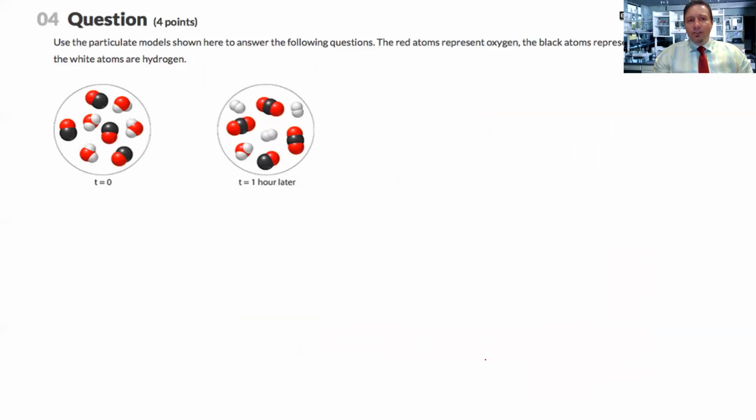Let's look at what this here says. So this is a particulate model, and it's just asking to explain what's happening from time 0 to 1 hour later. So let's determine what we have here. So red is oxygen, the black is carbon, and the white is hydrogen. So I have on this side carbon monoxide.